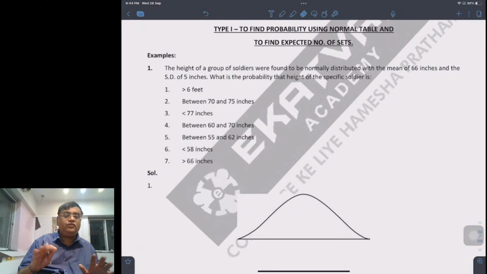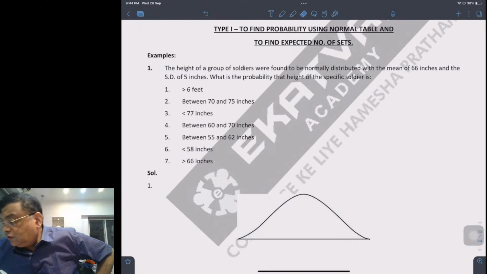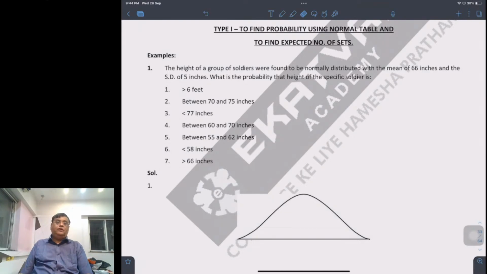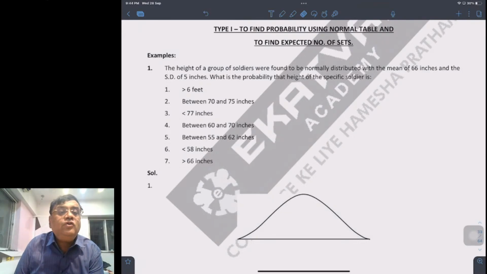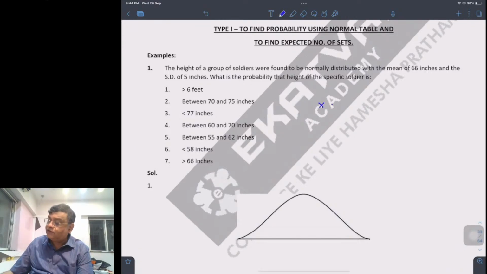My very basic question to you, and you can ask this to yourself, is: what is normally distributed? Look at the problem carefully. Height is normally distributed. Because height is normally distributed, X means height.